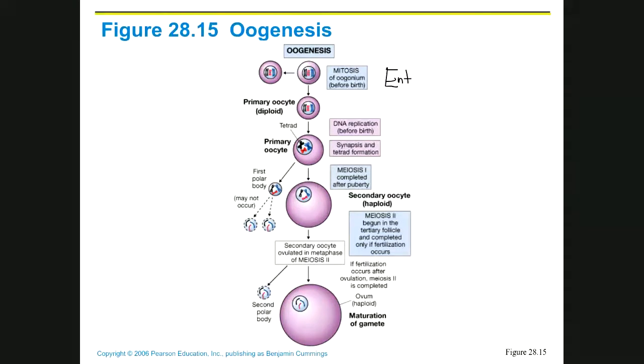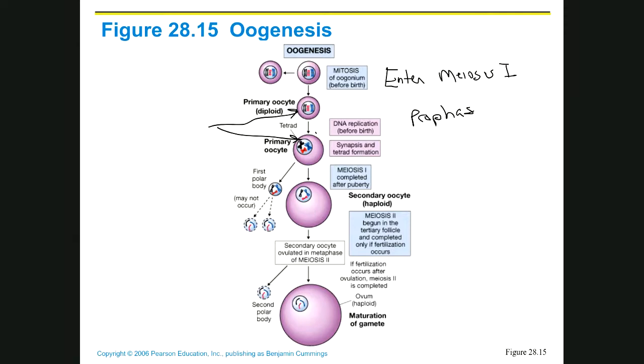But what happens during meiosis 1 is they get to a certain point and they get stuck. They go into what's called suspended animation. And they get stuck right at this area where we get tetrads, and it's all in prophase 1. And they don't go any further. They stay at that point.